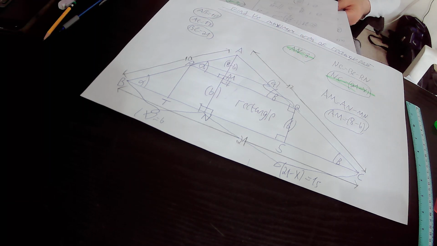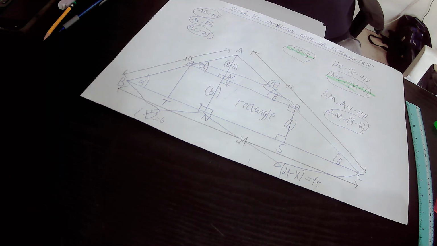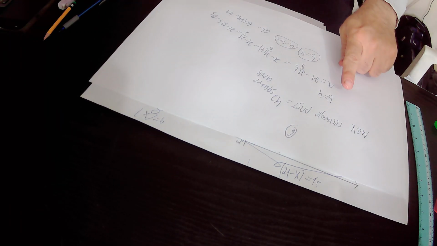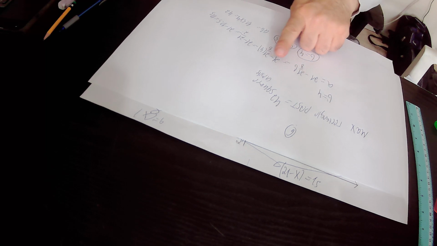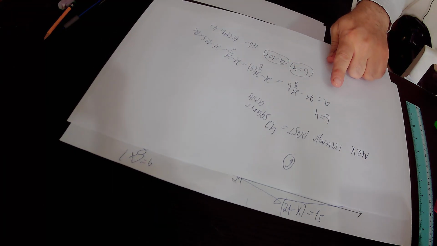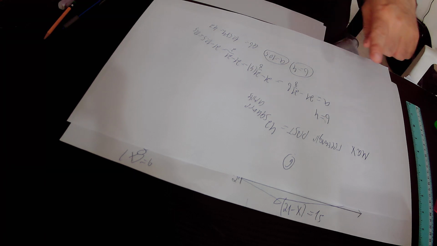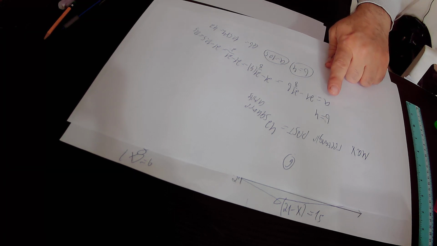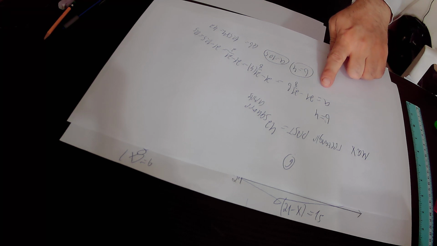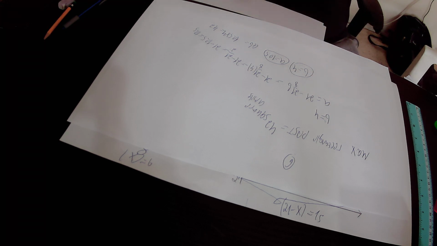And again, the maximum area of rectangle PQST is 42 square units, and when the maximum area is 42 square units, then the width of the rectangle is 4 units, and the height A is 10.5.